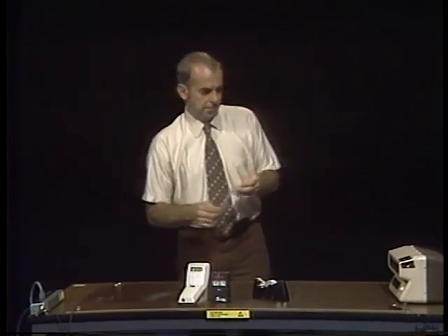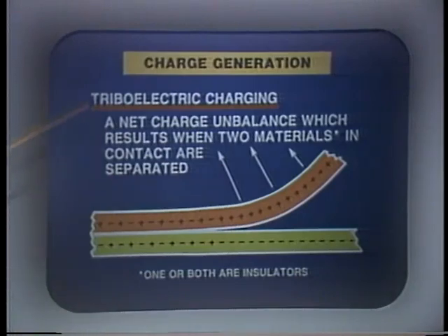You may wonder now, how is this static charge generated? Going back to our slides, we'll illustrate the process of generating static charge. The most common way that static charge is generated is by something called the triboelectric effect, named for a Greek word meaning friction. Let's look at how the triboelectric effect works.